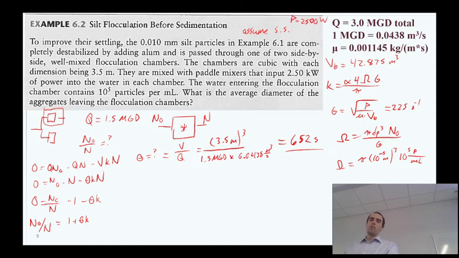We have 10 to the minus 5th cubed, so at this point 10 to the minus 15th. Multiplied by 10 to the 5th brings us to 10 to the minus 10th.